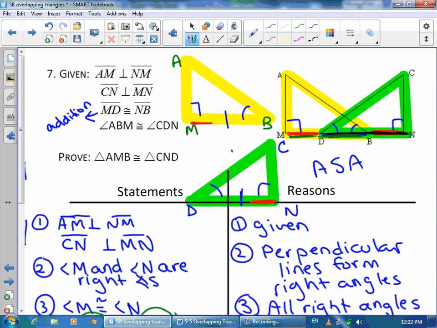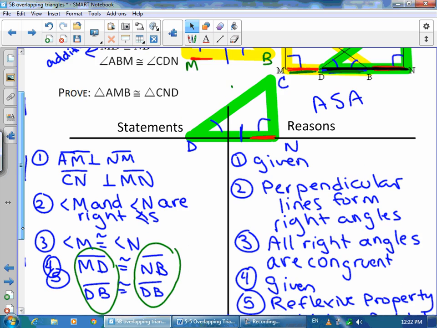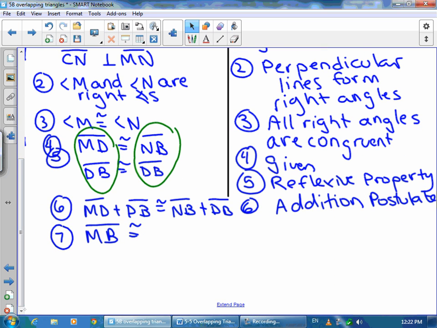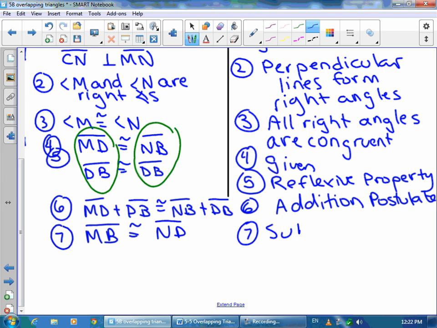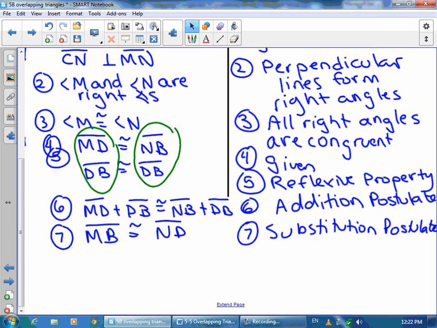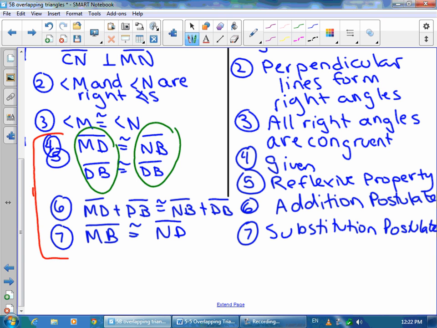Let's fill that in. And that's substitution. Just as a quick side note, remember these were your 4 steps for the addition postulate. So that gave us the side.